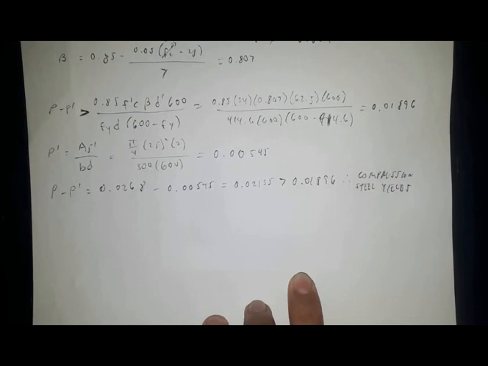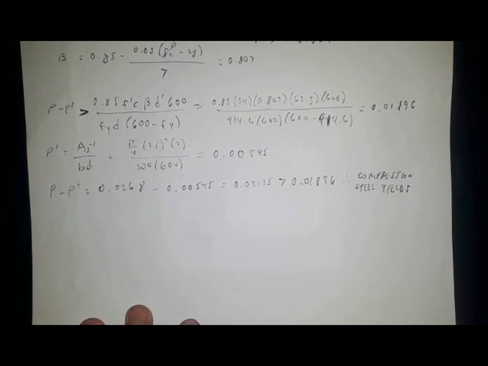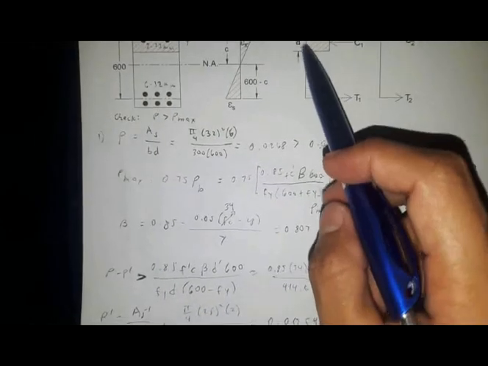So, after natin ma-check kung nag-yield ba si compression steel, so we equate natin to, yung C is equal to T in order to solve for the value of A.